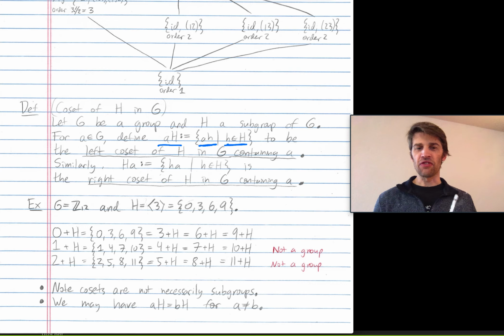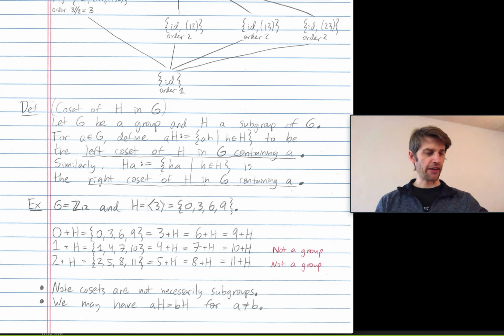The right coset of H in G containing a is Ha. So now we're multiplying by a on the right. That's why it's called the right coset of H in G containing a. So the right coset has as its elements all things of the form ha, where little h is again in our subgroup H.